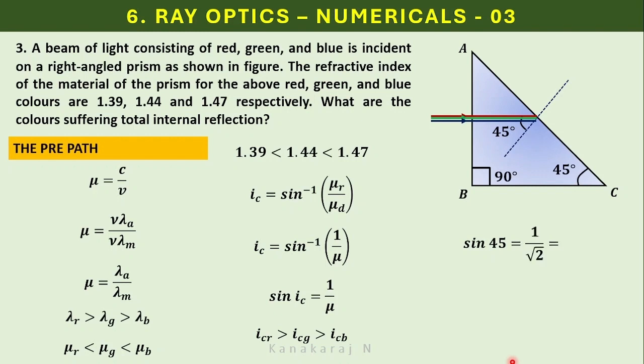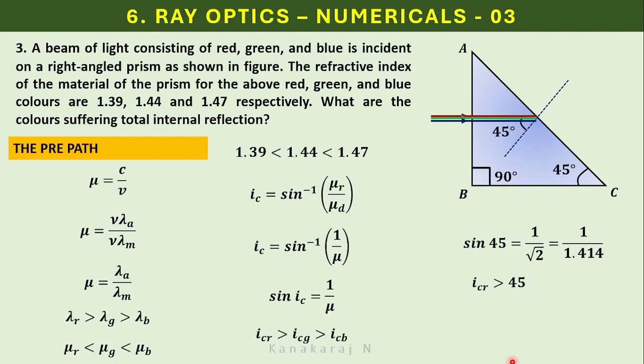So this is the reference point. Sin 45 equals 1 by root 2, that is equal to 1.414. If mu is less than 1.414, then the critical angle is more than 45 degree. If the refractive index is more than 1.414, then the critical angle is less than 45 degree.